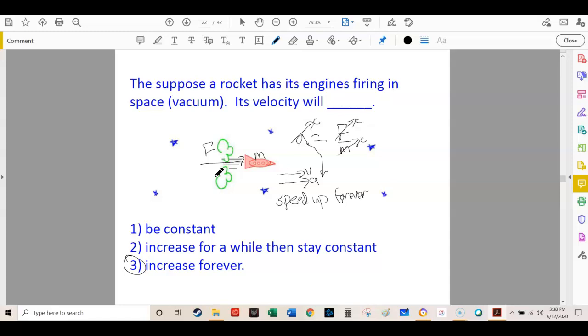And that's because air friction is working on me, right? But space has no air friction. It's a vacuum. So essentially, in the Newtonian universe, it should increase forever.